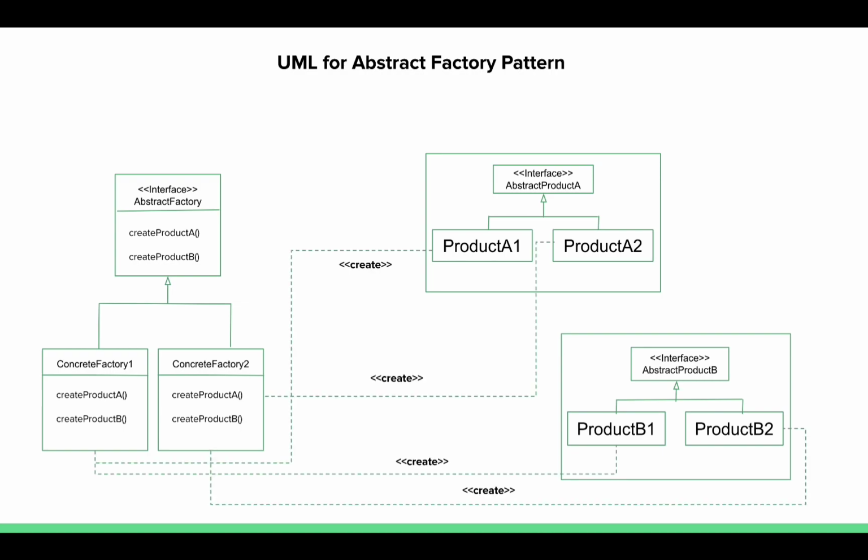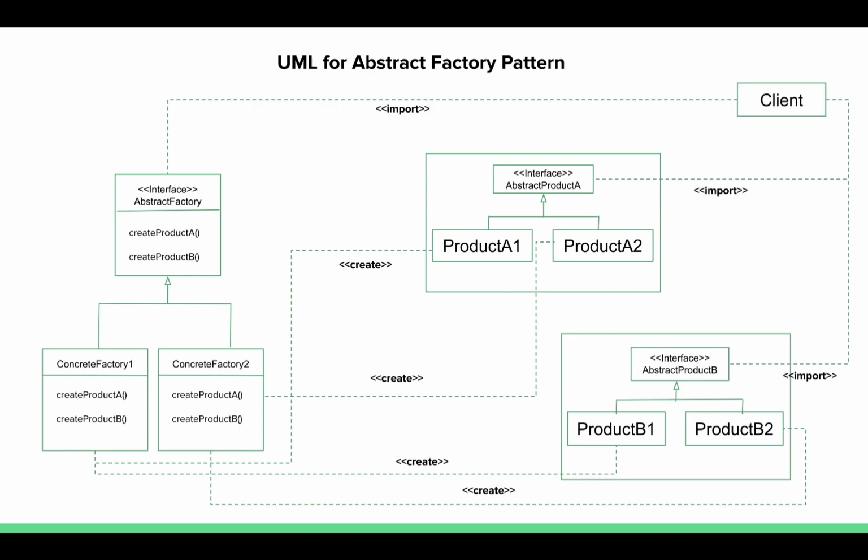Now we have concrete factory classes which implement the operations declared in the AbstractFactory to create concrete product objects. And then we have a client class which uses only interfaces declared by AbstractFactory and abstract product classes.